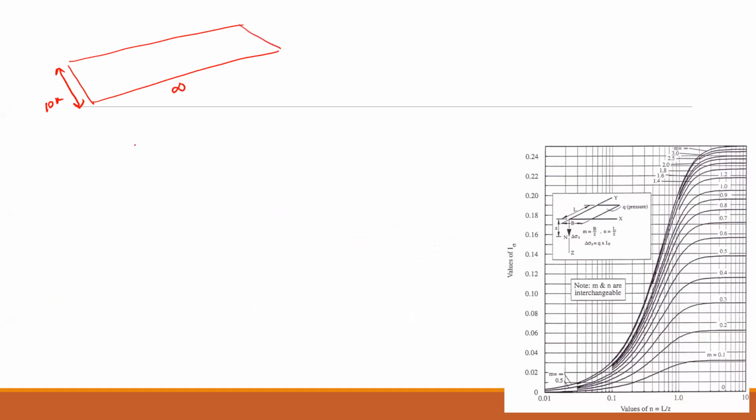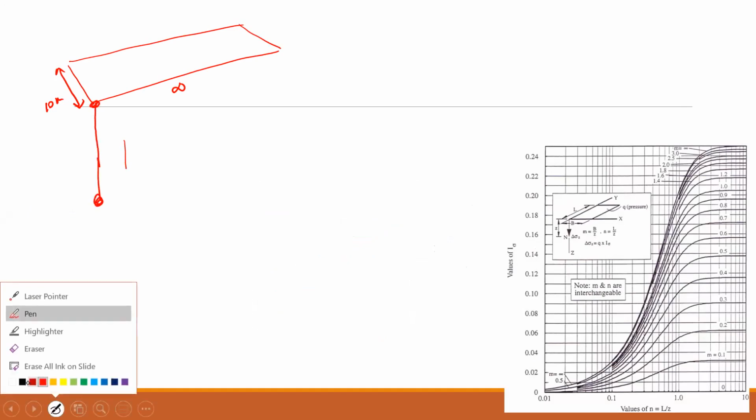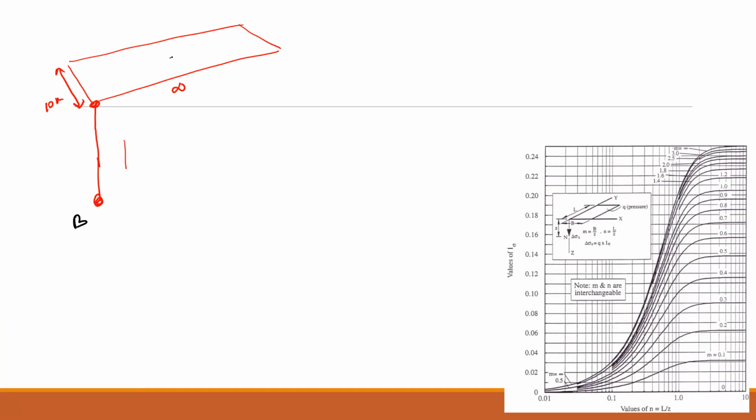So we need to find it at a corner. So first at a corner, this is for B. And if you want to find at the middle, they're asking you to find at the middle and also at the corner. So at the middle will be this one. So this is your A. So let's find for A first. A or B, it's up to you.